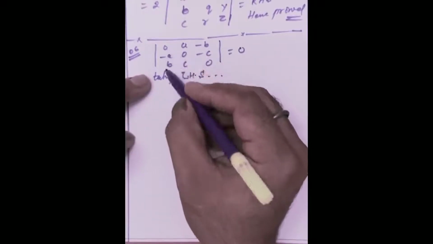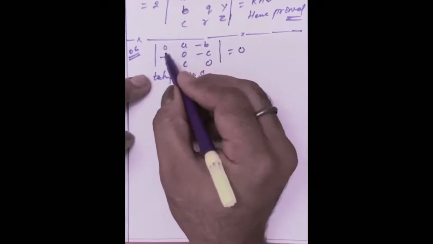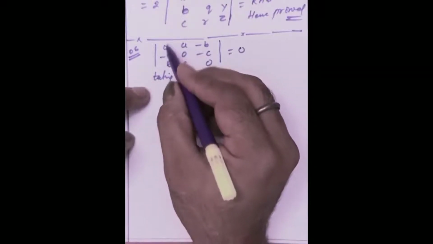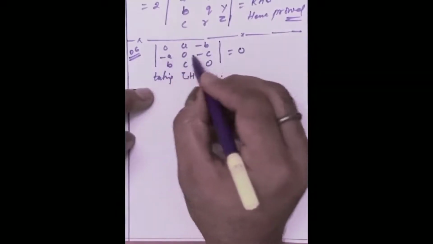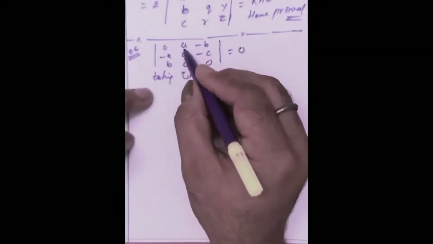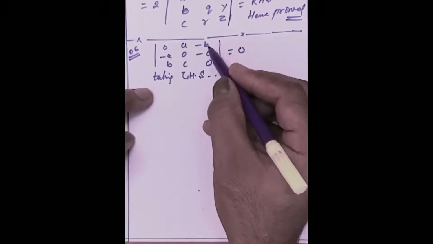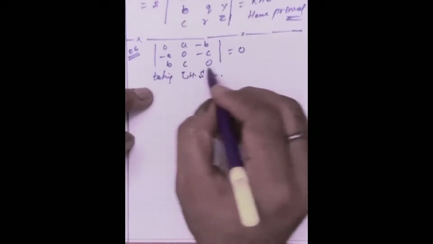Just opposite to this column we have this row. That means if we take minus common from this r1, then this r1 will become this c1. Similarly a 0 c, so we take minus common from r2, then this will become column number 2. And similarly at last, if we take minus common from this c3, this will become r3.